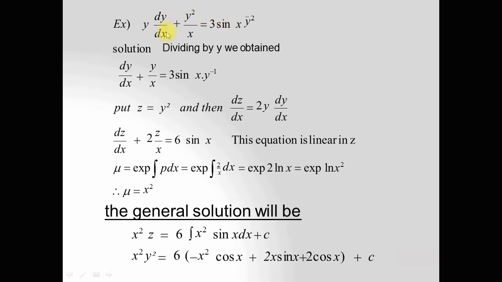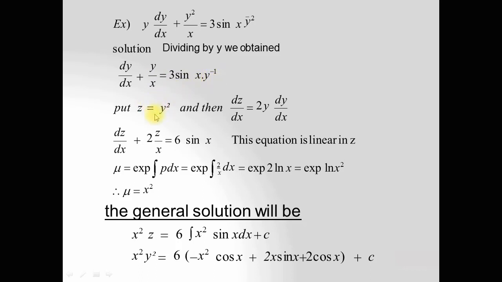y dy by dx plus y square divided by x is equal to 3 sine x into y power minus 2. So this is a Bernoulli equation. For the solution, dividing both sides by y, we obtain dy by dx plus y by x is equal to sine x into y power minus 1.